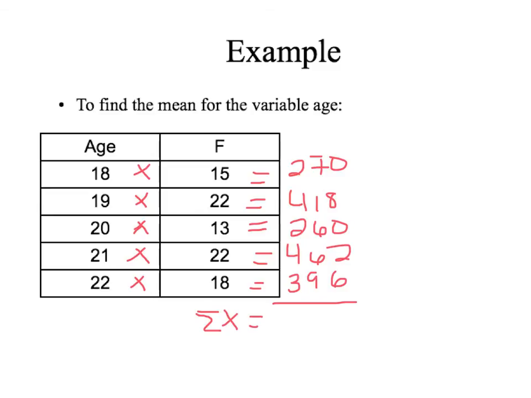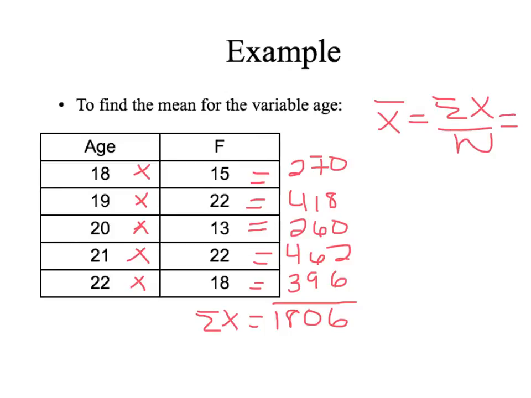So our sum of x is going to be 270 plus 418 plus 260 plus 462 plus 396, which is going to give me 1,806. And then my equation for the mean is the sum of x over n.